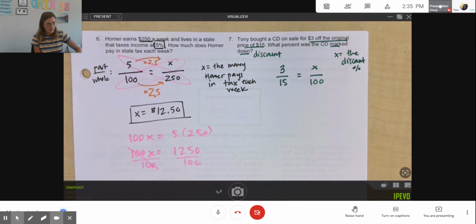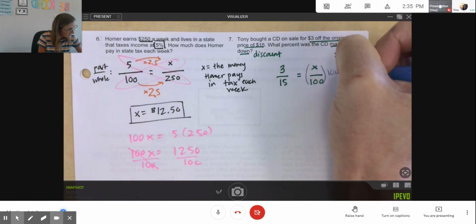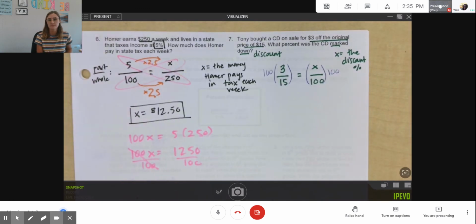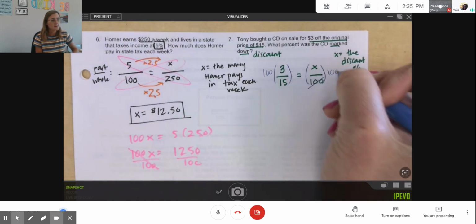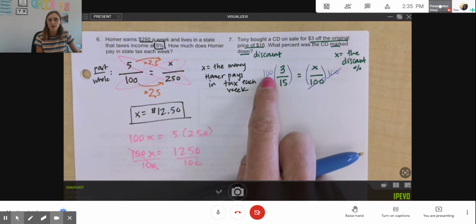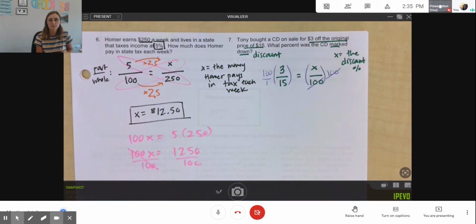So if I wanted to solve this one, I would probably just end up multiplying by 100 on both sides, not even cross multiplying. Because if I multiply by 100 on both sides, right away I can cancel here and cancel here. And when you multiply a fraction by a number, it's just kind of like multiplying by that number over 1.